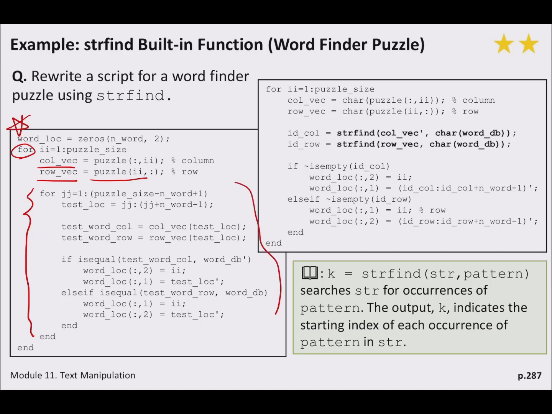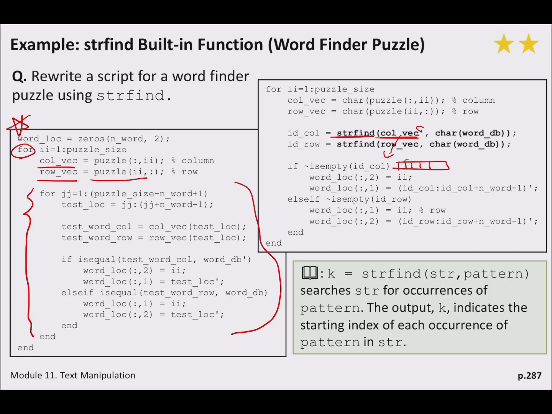Okay. Rather than this inner loop, we can use strfind to directly test the presence and location of the test word in the given string. If there's a word, strfind gives us the index, the location of the first character. So here, strfind, and then the column vector transposed, because this should be a row vector, because the character vector is a row vector.